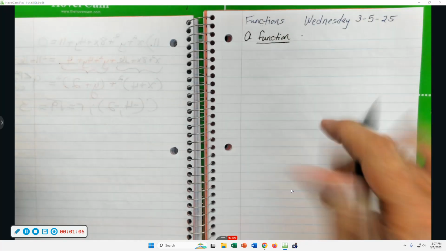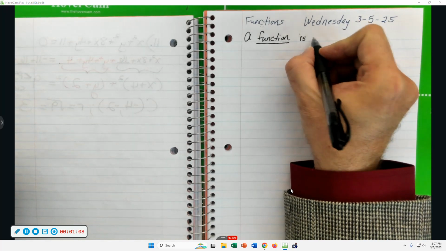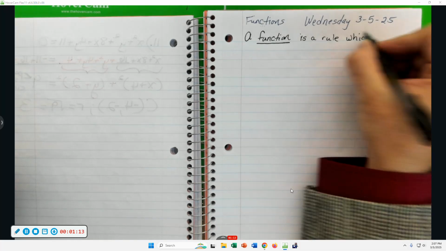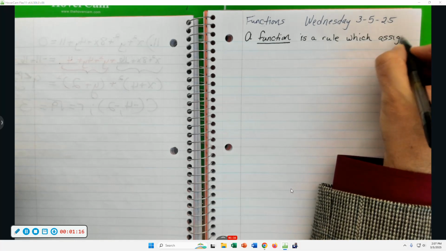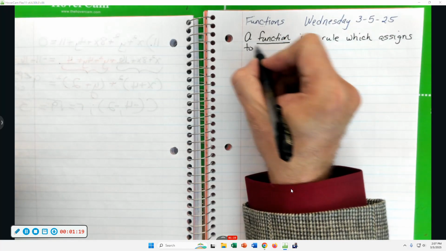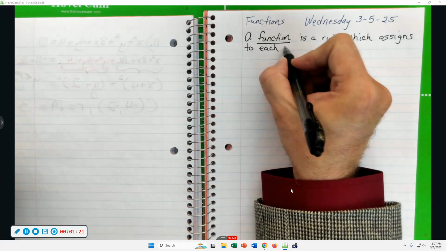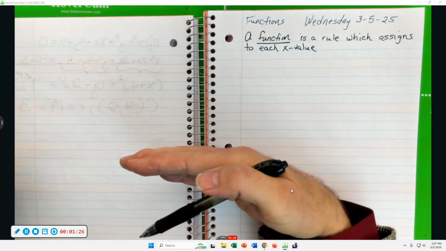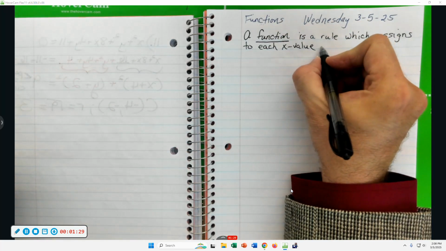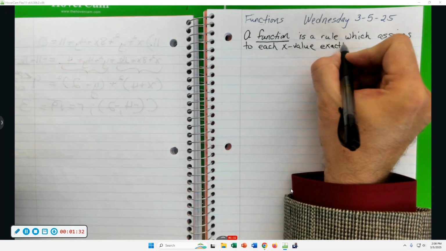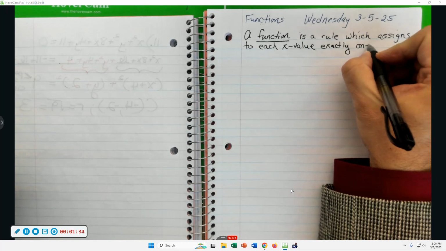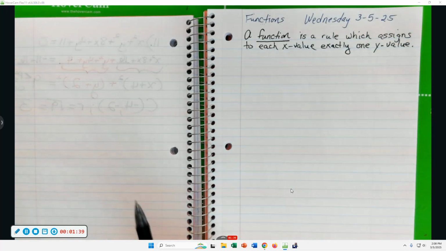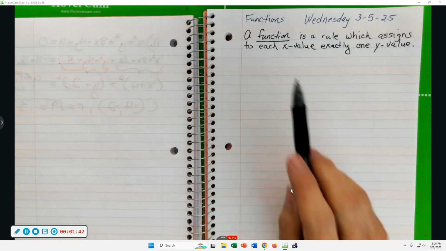A function is a rule which assigns to each x value, I could say one and only one, or I'm going to say exactly one, exactly one y value. So we're talking about a rule that's assigning every x value.